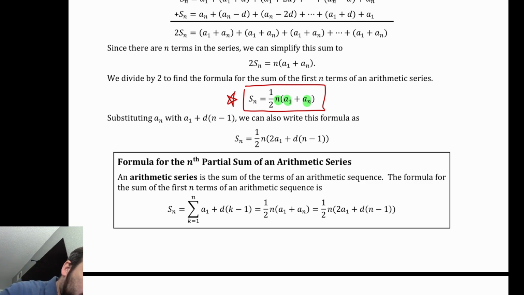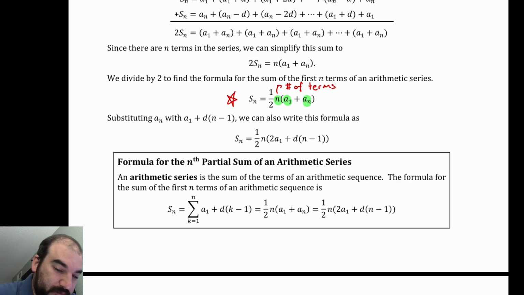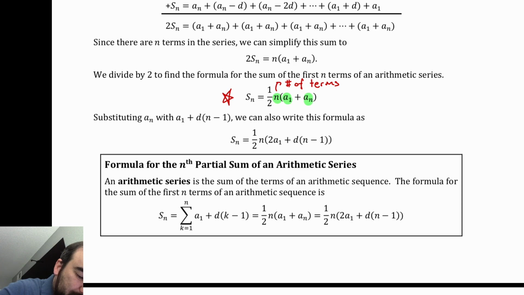Now, n, as we know, is the number of terms that are being added. A sub 1 is the first term in your series, and a sub n is the nth term.